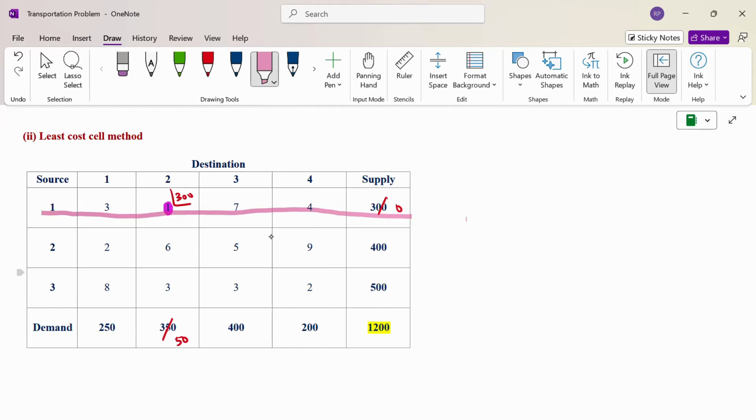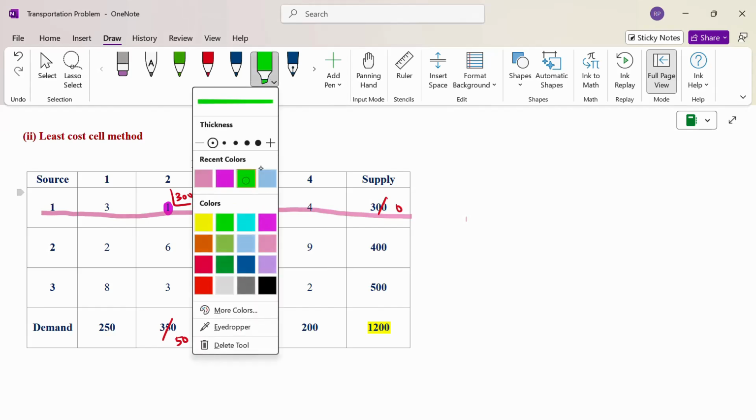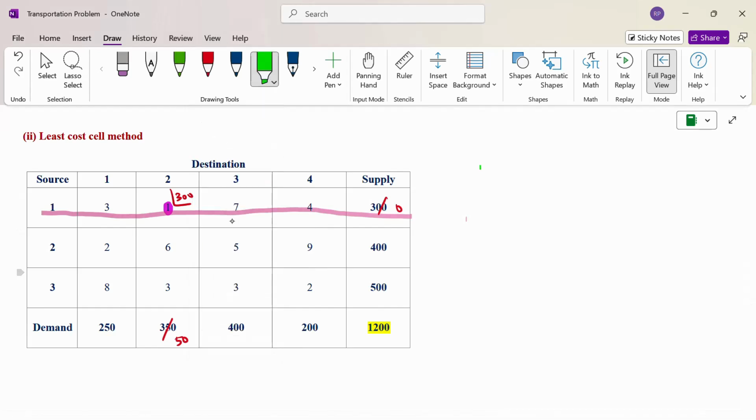Next least number: see, 2. There are two cells with 2, so choose the best 2. How to choose the best 2? For this 2, I am checking how much is possible. Demand 250, supply 400, so 250 is possible to allocate here.